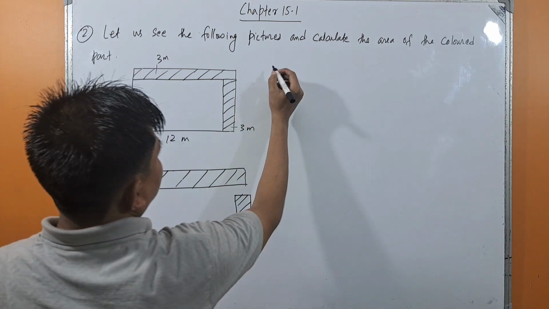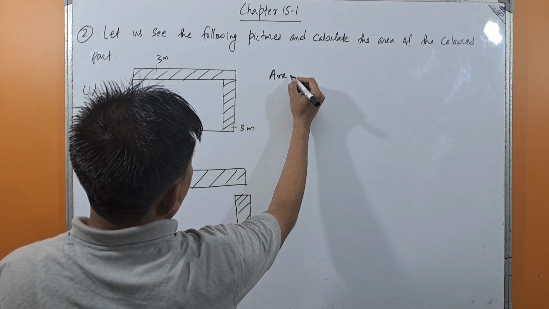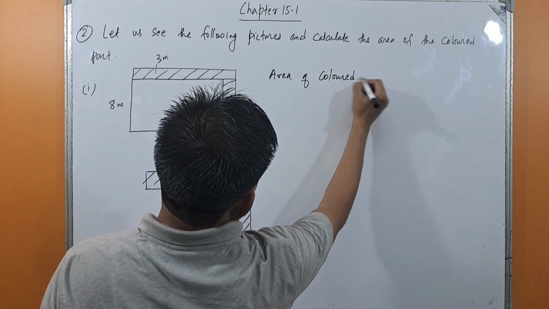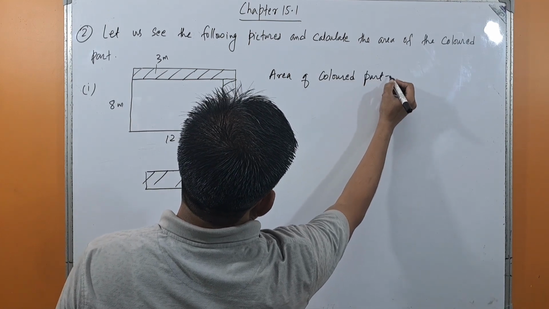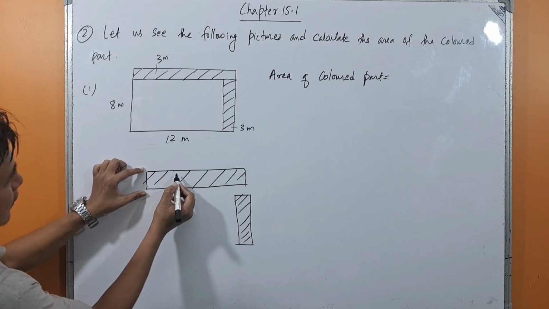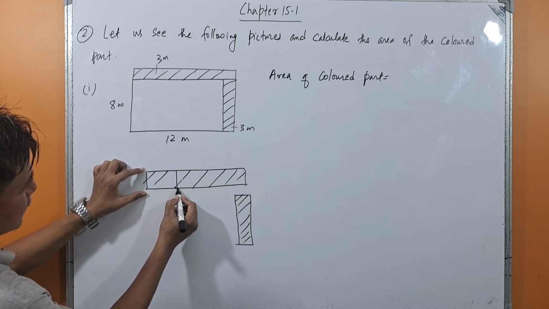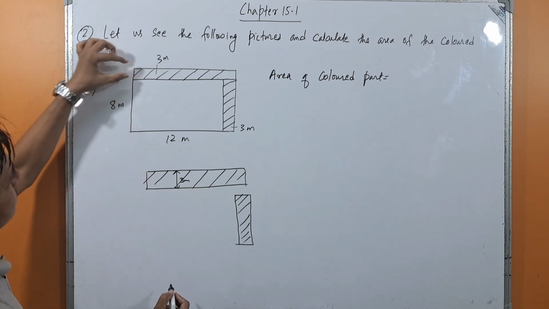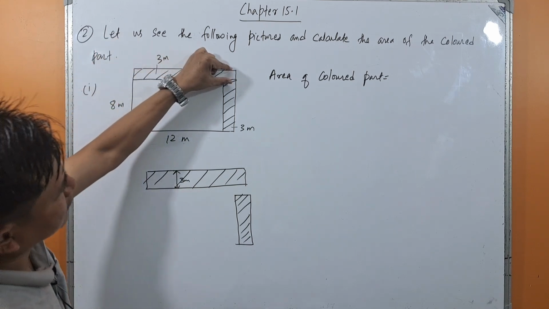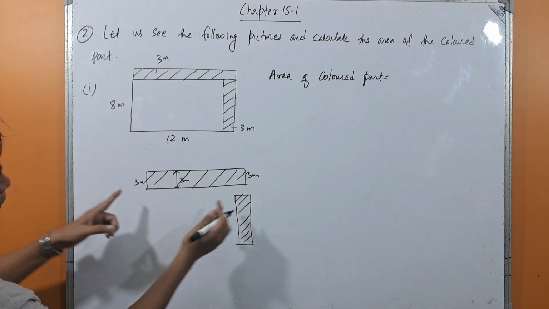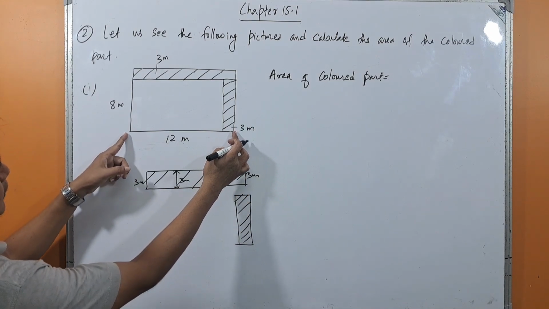So area of the colored part is equal to, first let's see this diagram. The breadth of this rectangle is 3 meter. This is given 3 meter, and length is 12 meter, isn't it?